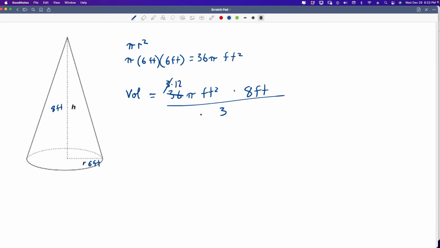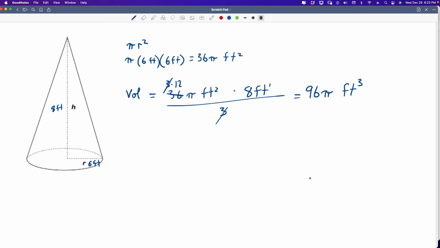So I factored 3 out so I didn't have to divide later. So that left me with 12 pi feet squared times 8. 12 times 8 is 96, and then you have your pi symbol, and then you have feet three times, so that's volume, cubed, 96 pi feet cubed.